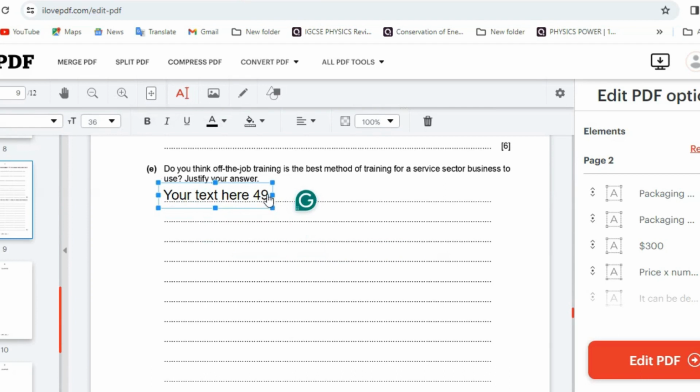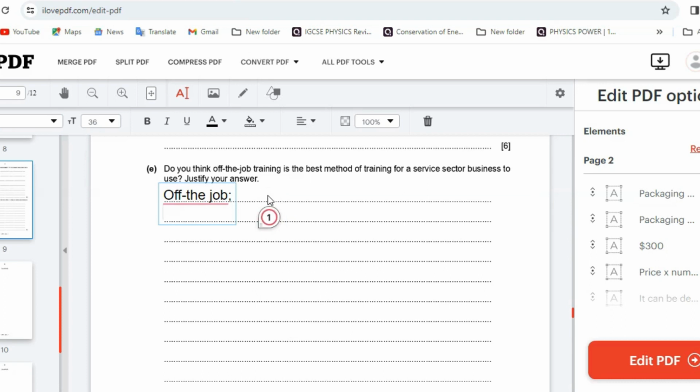Okay, off-the-job training is where your employee is being trained outside of the company. That is the training that will occur outside the work environment.